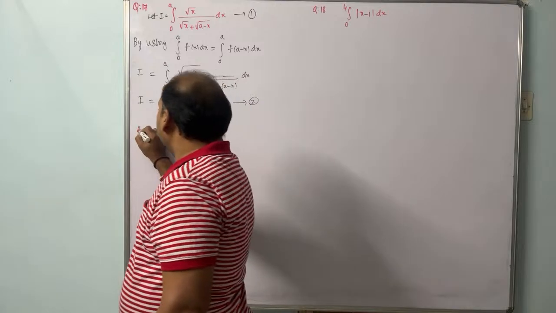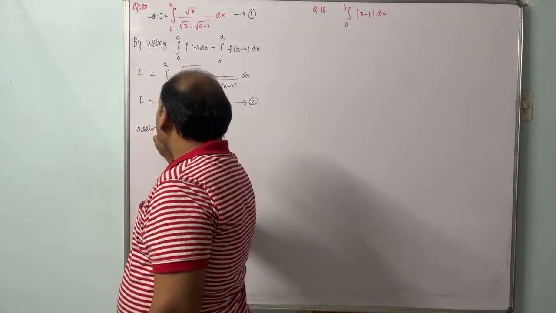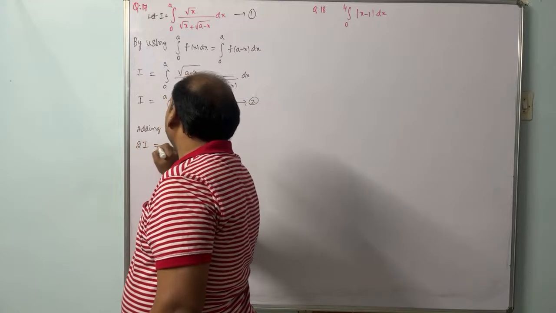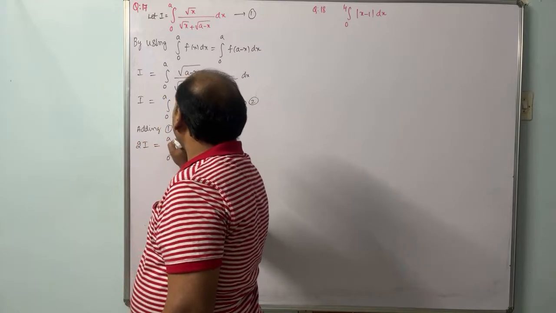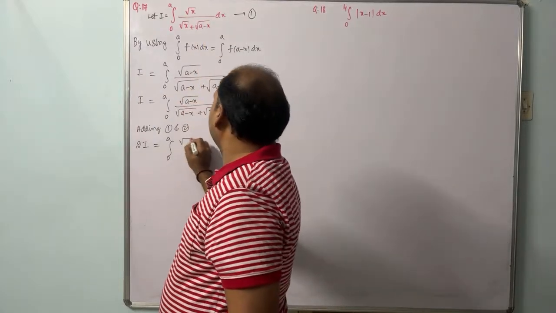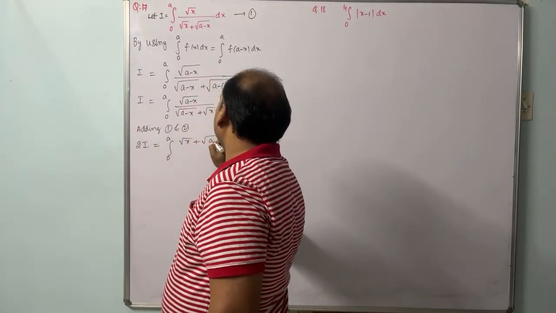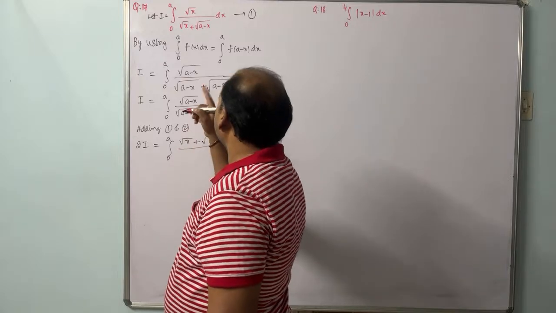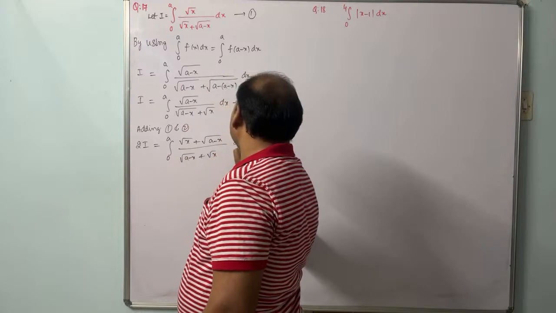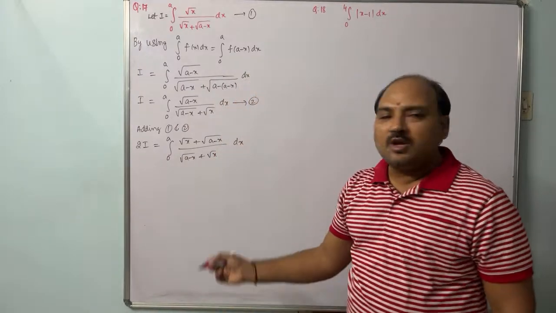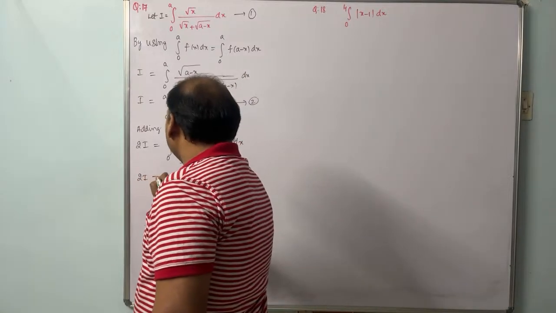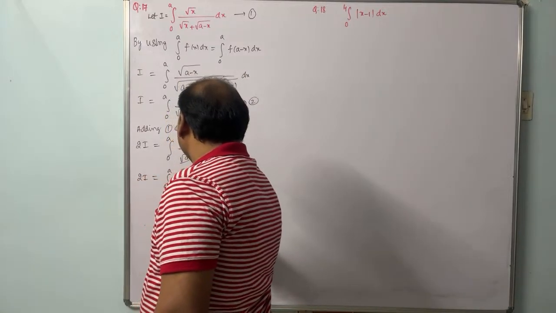Adding 1 and 2, I plus I is 2I, integral 0 to a. Observe this, students: root x plus root a minus x divided by root x plus root a minus x, the denominators are same. So both the numerator and denominator will be cancelled out. So 2I is equal to integral 0 to a dx.